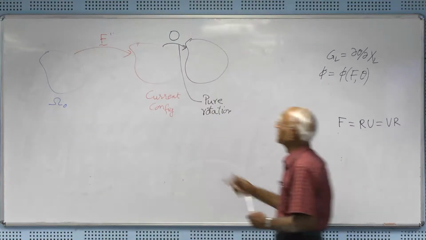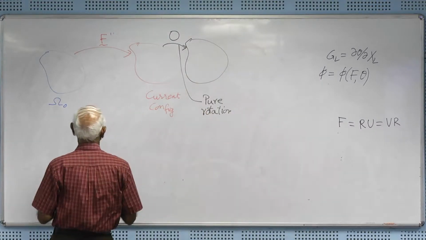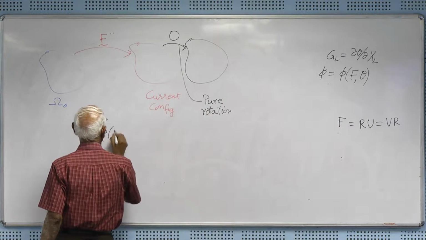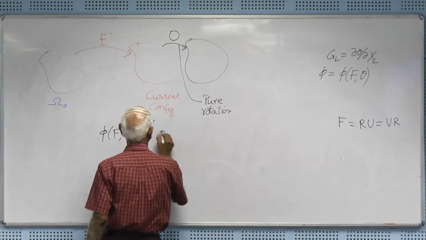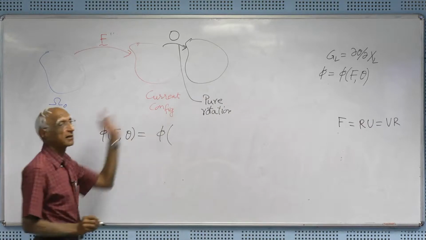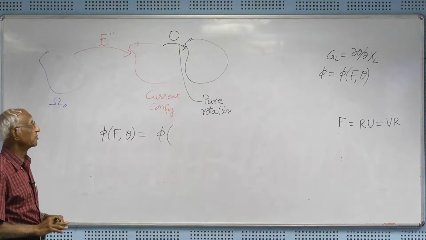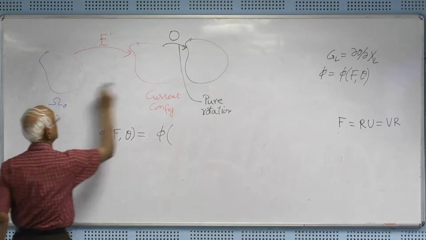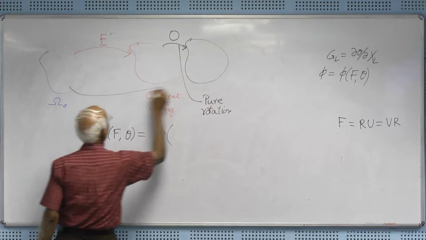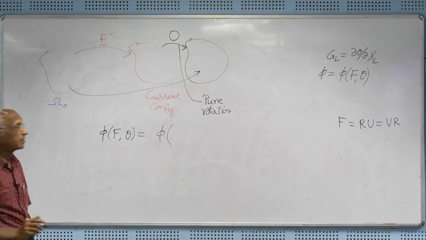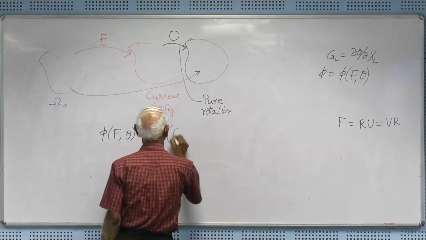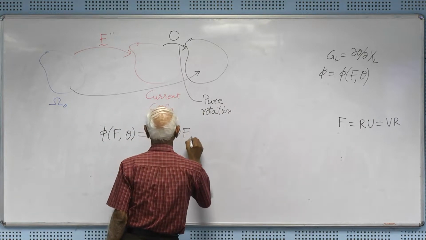So, when I compute the free energy here, I get phi of F, theta, and if I compute it in the black configuration, what should I use? What is my total F in going from here to there? OF, theta.